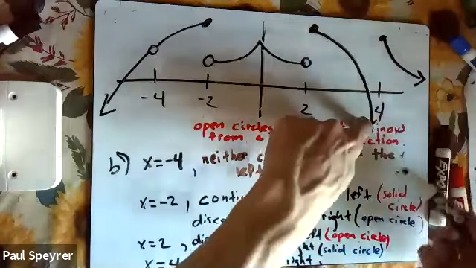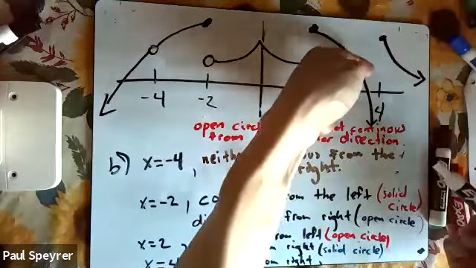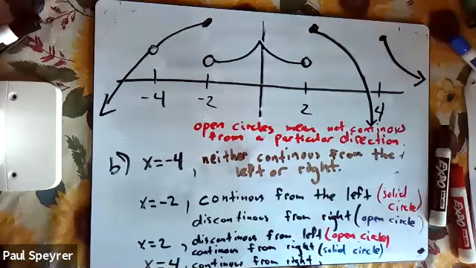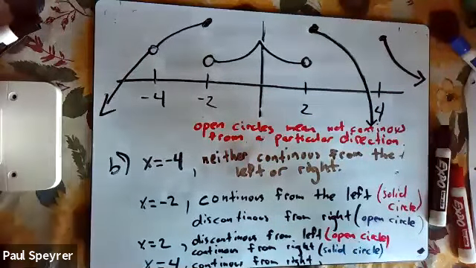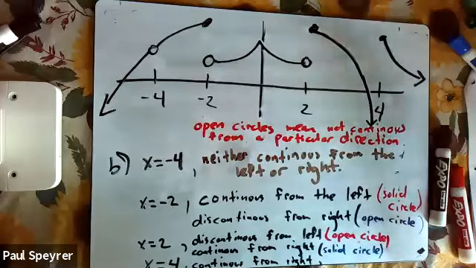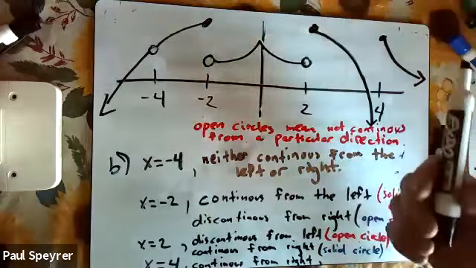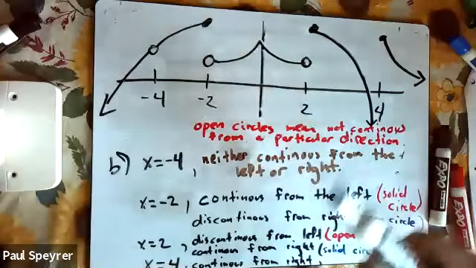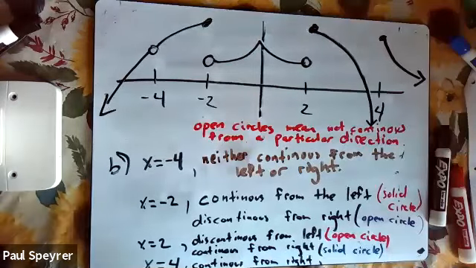So as we approach 4 from the left, even though there's no open circle, if something's going up forever to positive infinity or down forever to negative infinity, that denotes an open circle, because we don't know how big or how small infinity or negative infinity are. That just means conceptually a super large or a super small number.